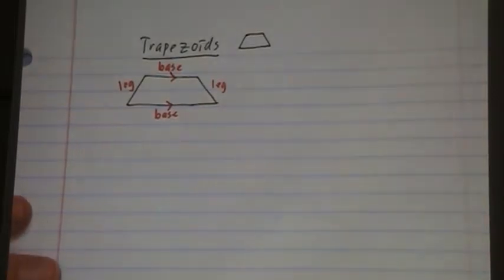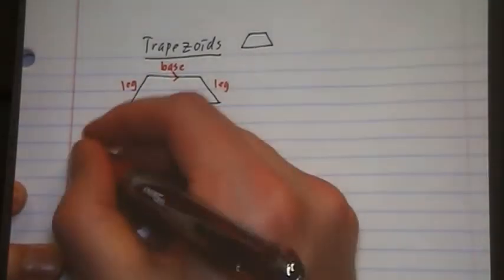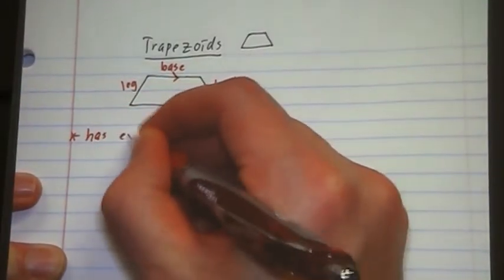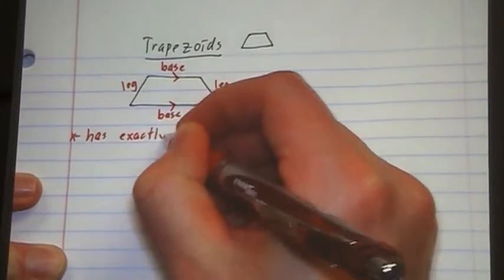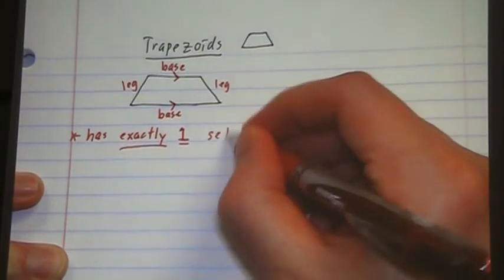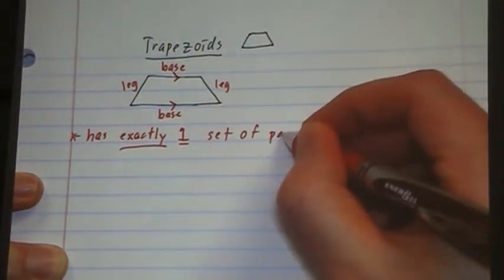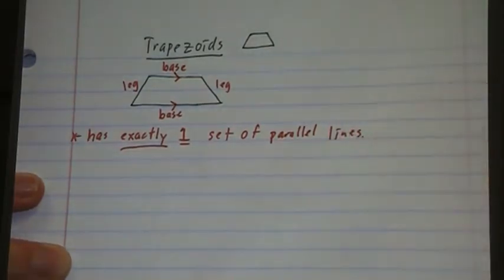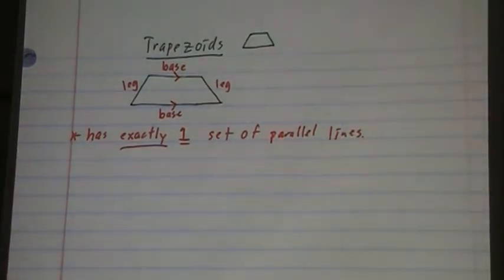Keyword is exactly. Not one or more, exactly. Exactly one set of parallel lines.